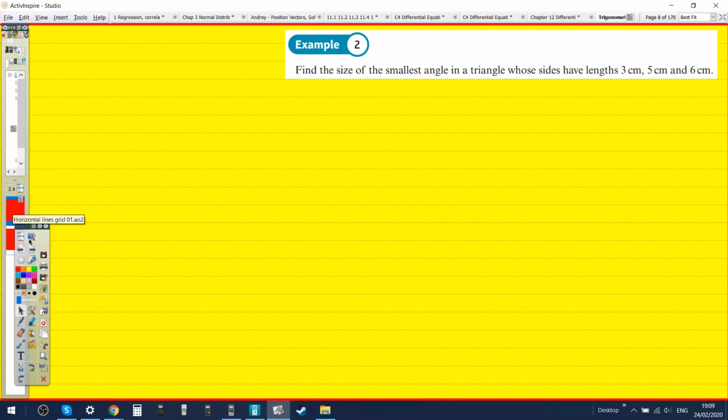Okay. How do I do this one? If you just draw it again and put 3, 5, and 6, would you then have to somehow work out each angle and then from there find out which one's the smallest?